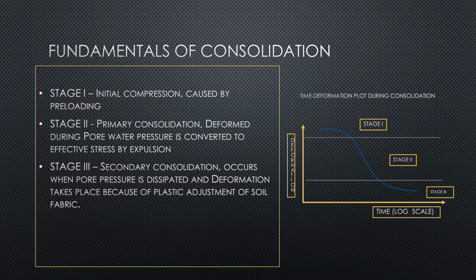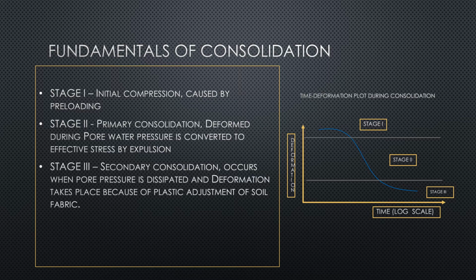This secondary consolidation happens when the fabric of the soil adjusts. But as you can see in the graph, only a small deformation occurs over a long period of time, because the secondary consolidation is happening very slowly due to the adjustment of the soil fabric.